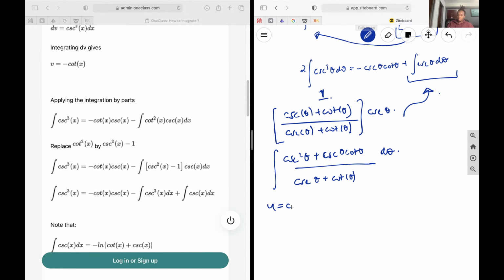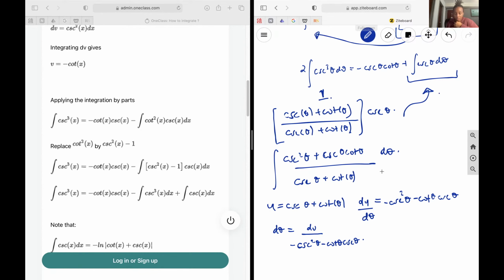If we choose u as cosecant theta plus cotangent theta, du over d theta would be equal to negative cosecant squared theta minus cotangent theta cosecant theta. And so that means that d theta is equal to du over negative cosecant squared theta minus cotangent theta cosecant theta.